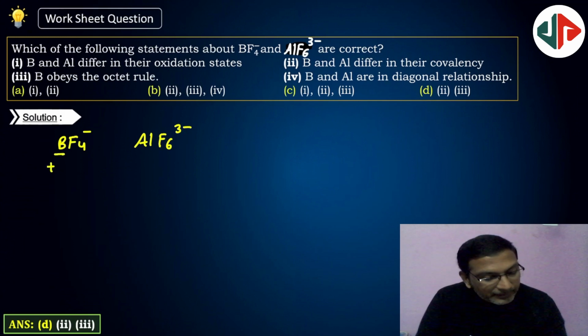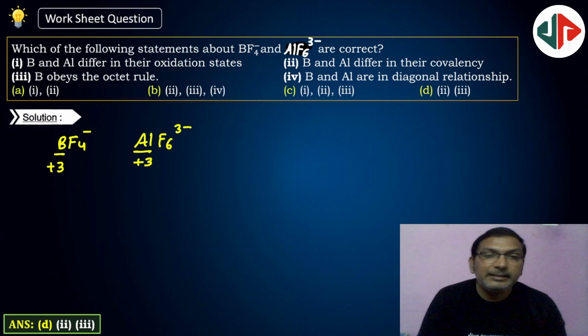Here it is +3 and it is also +3. So the oxidation state is the same. Therefore, the first option is wrong. In the first option, it says boron and aluminium differ in their oxidation states, but here they have the same oxidation state.